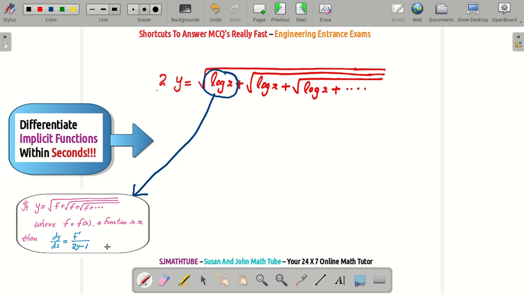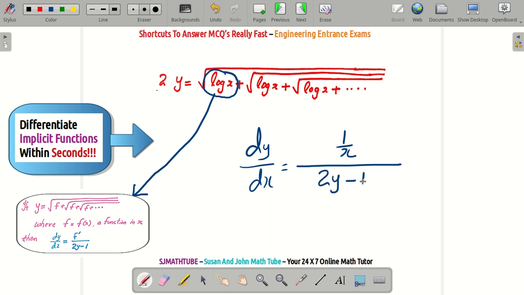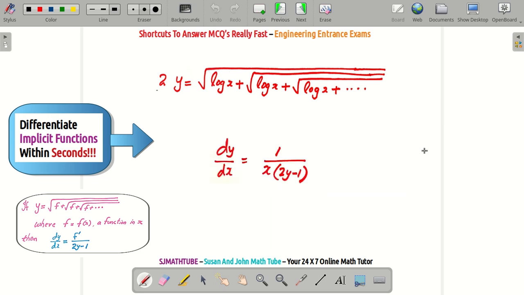So just match it with the standard pattern. dy by dx will be, the numerator will be 1 by x, the whole divided by 2y minus 1. And remember, I was assuming log x to have base e. Okay, so on simplification we get this.